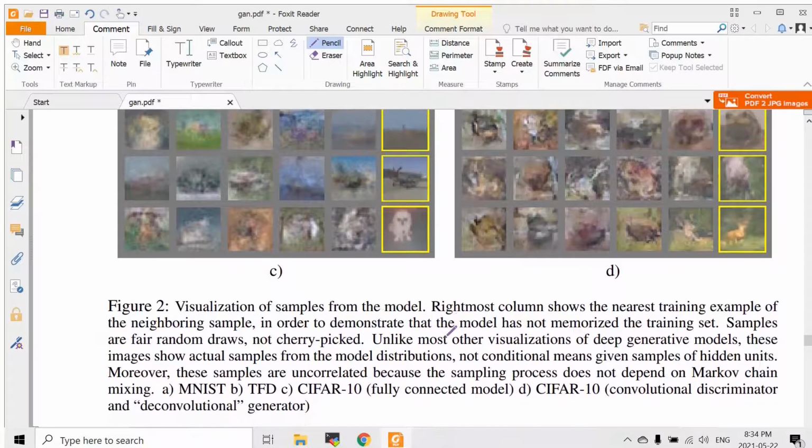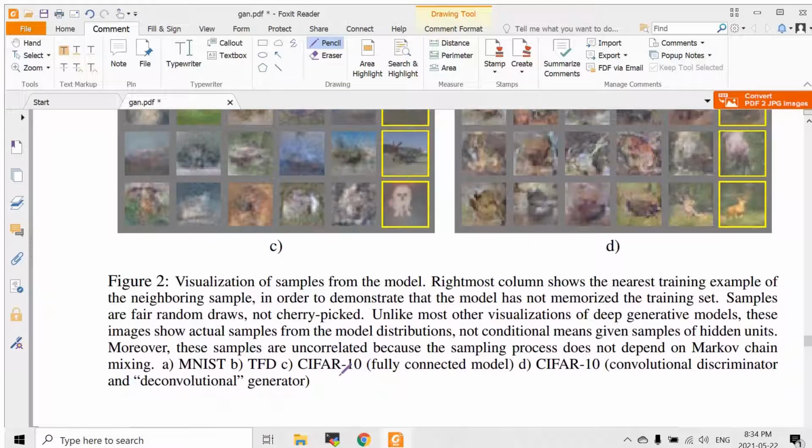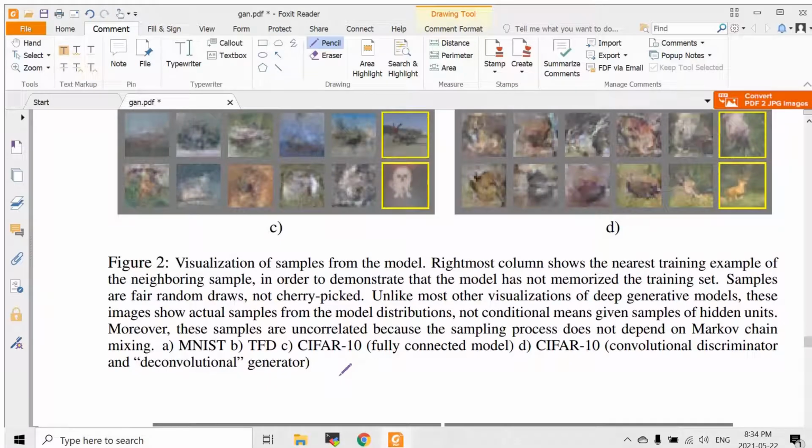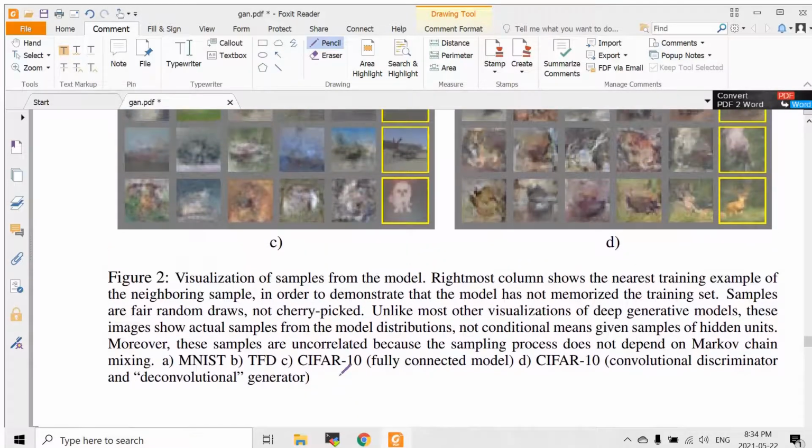Samples are fair random draws, not cherry picked. Unlike most visualizations of generative models, these images show actual samples from the model distributions, not conditional means given samples of hidden units. Moreover, these samples are uncorrelated because the sampling process does not depend on Markov chain mixing.